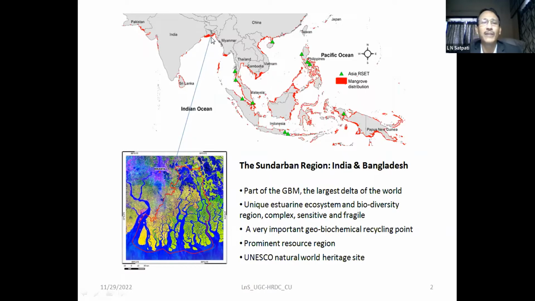Nowhere in the world perhaps can we see that from the north all the flood waters with the sediments are coming towards the south, and there are a lot of human interventions in this area because Dhaka and Kolkata are now two mega urban development regions.